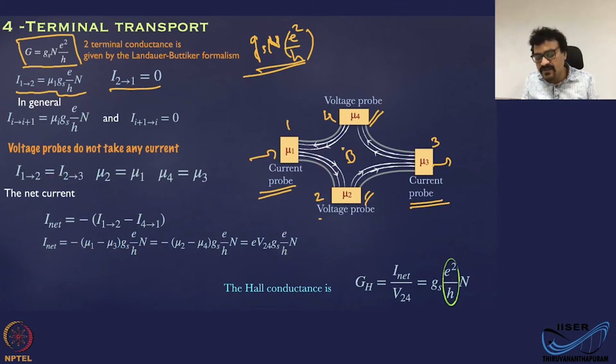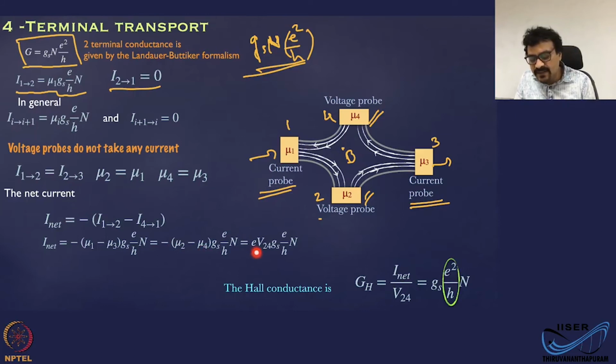What you will get eventually is eV24, because 1 is the same as 2 and 3 is the same as 4. So mu1 minus mu3 is the same as mu2 minus mu4 because of this condition.